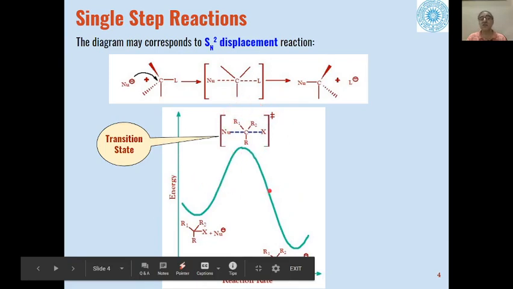So this is an example of a single step reaction. And again you can see over here the energy of the products is lower than the energy of the reactants, which means SN2 type of reactions are exothermic in nature.